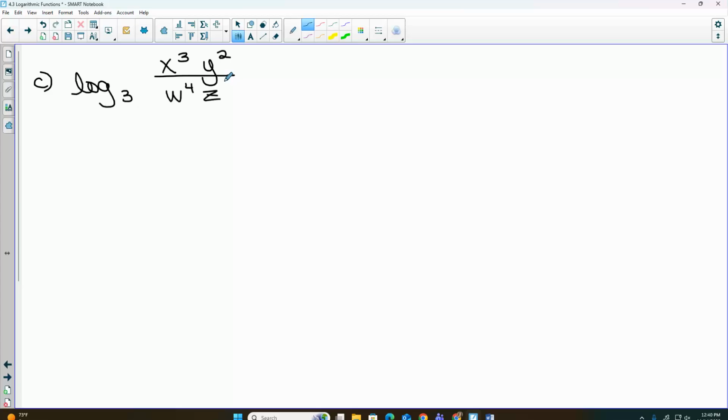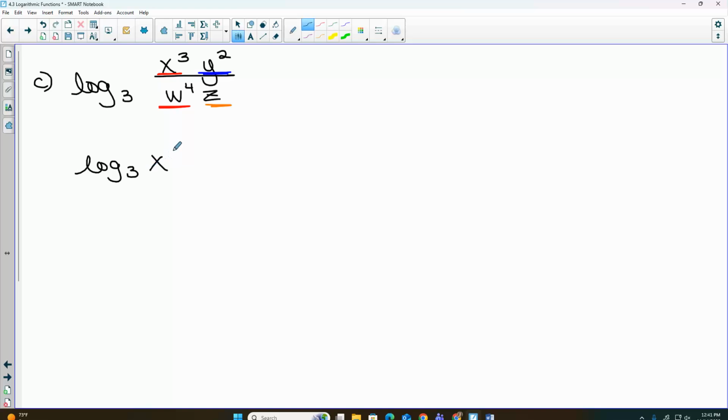That means anything multiplied or divided gets its own log. How many different logs am I going to have on my final answer? 4. We have 4 different factors here. Okay, so they all get their own log. We have to write the log base 3 on each of them.